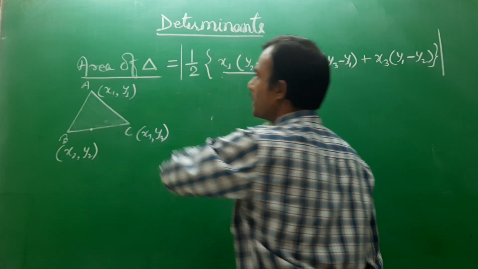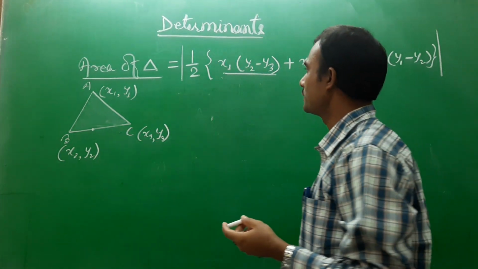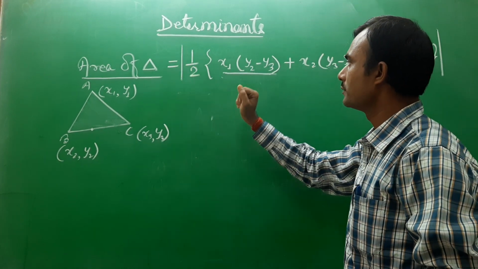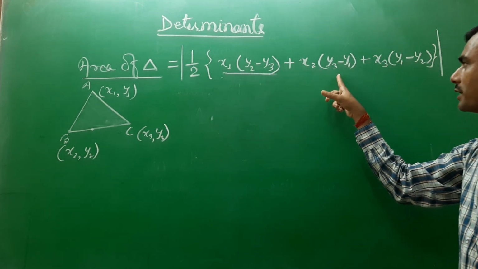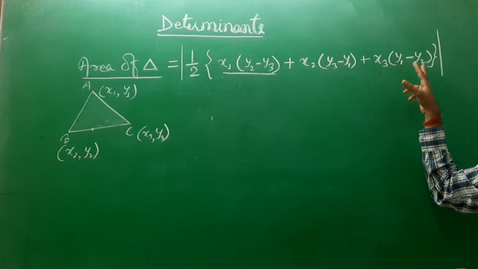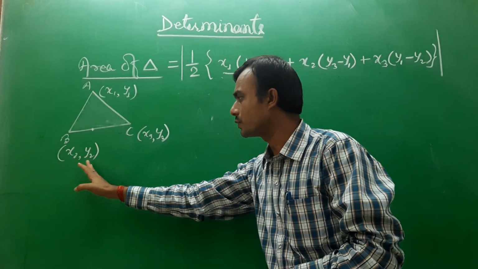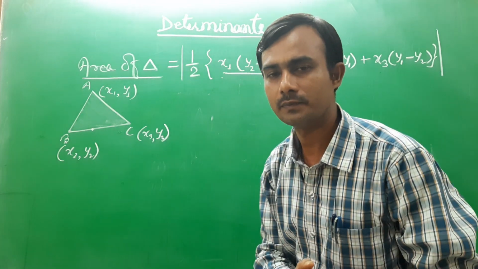Here, we already have the area of a triangle which you studied at your class level in coordinate geometry. Half x1 (y2 minus y3) plus x2 (y3 minus y1) plus x3 (y1 minus y2), where (x1, y1), (x2, y2) and (x3, y3) are the vertices of a triangle.